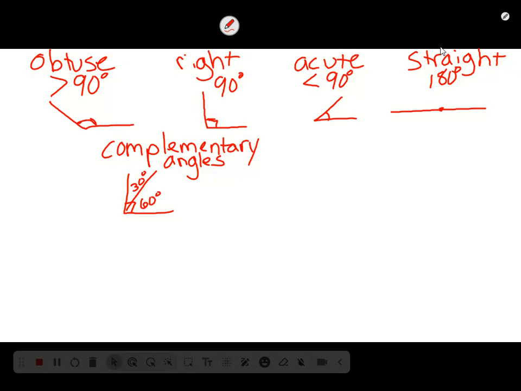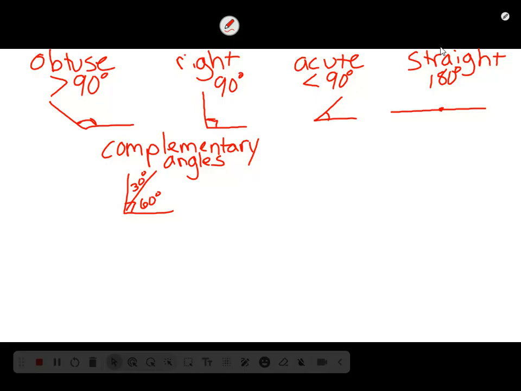So it could be 30 degrees and 60 degrees would be complementary because we can add them together. 45 and 45, 25 and 65. Two angles that if we add them together, they equal 90 degrees.